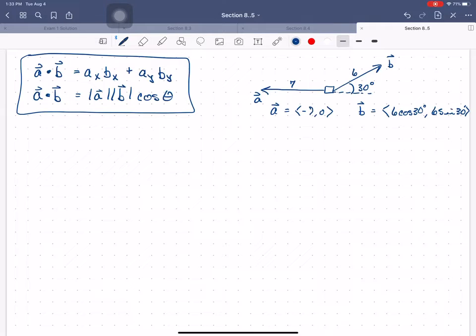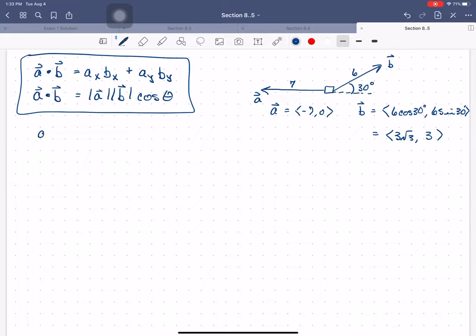And I know enough to figure that out, right? Because I know the cosine of 30 degrees is root 3 over 2. So this would be 3 square root 3, and the sine of 30 degrees is 1/2, so 3. And we could do that.